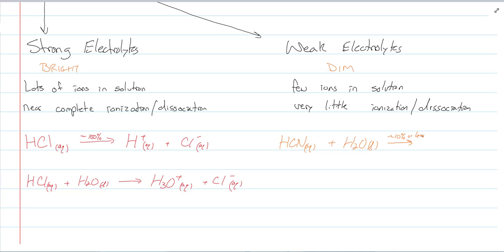There is a way to calculate the percent dissociation. In Chem 2, we quantify it. But right now, all we need to know is it's weak, and not many go. We got H3O plus and CN minus. Okay, that's the strong and weak.